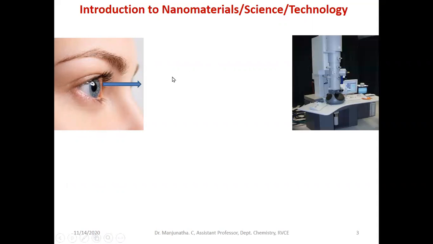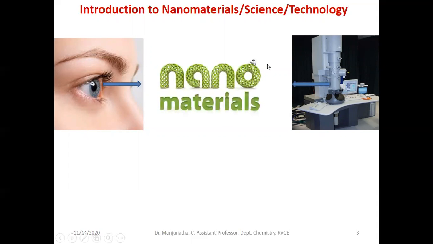However, if you see the same spot using a transmission electron microscope, you will see beautiful things inside that spot, and they're called nanomaterials. You can see nanomaterials only by using a transmission electron microscope. Through the naked eye, you can't see them, even if they're present in front of you. That small they are.